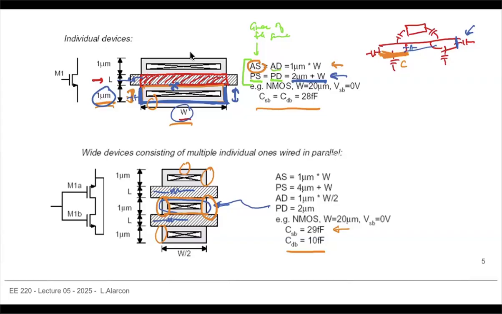So you can play games here. Say, okay, I can live with a higher source to bulk, but I want to reduce my drain to bulk. And why would you want to reduce the drain to bulk?